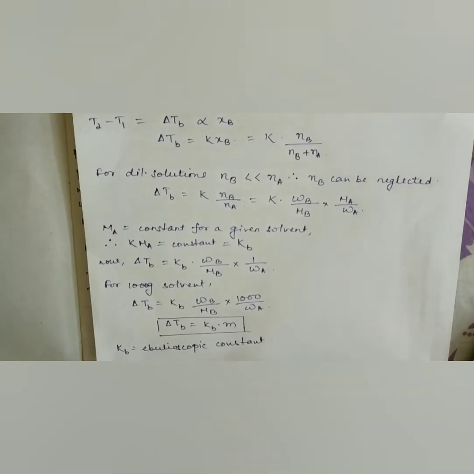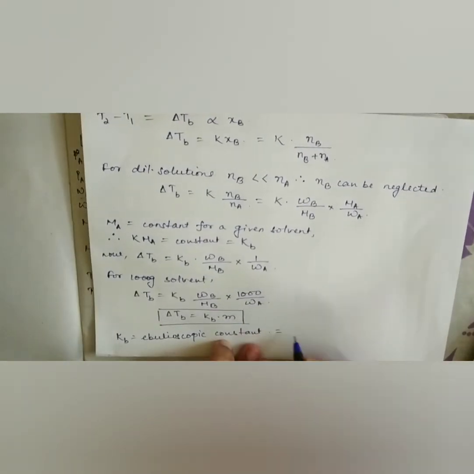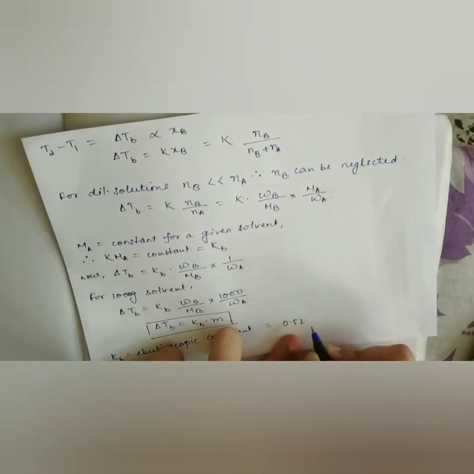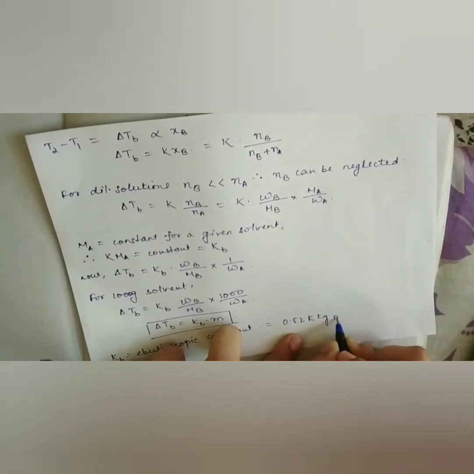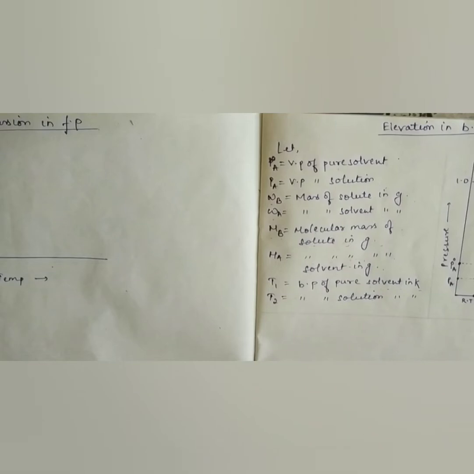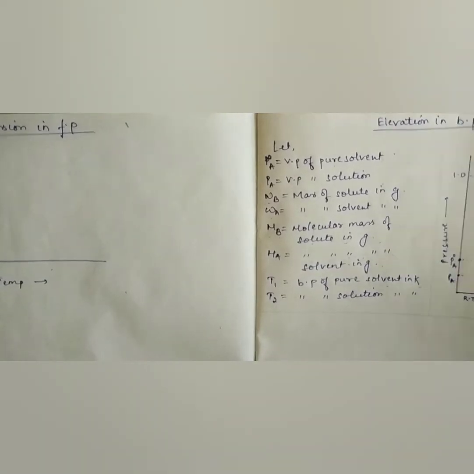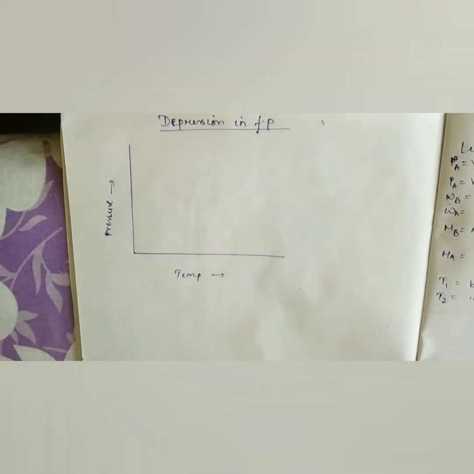And for water, the value is around 0.52 Kelvin kg per mole. So I hope this colligative property, elevation in boiling point, is clear. Now let us proceed to the next colligative property, which is depression in freezing point.